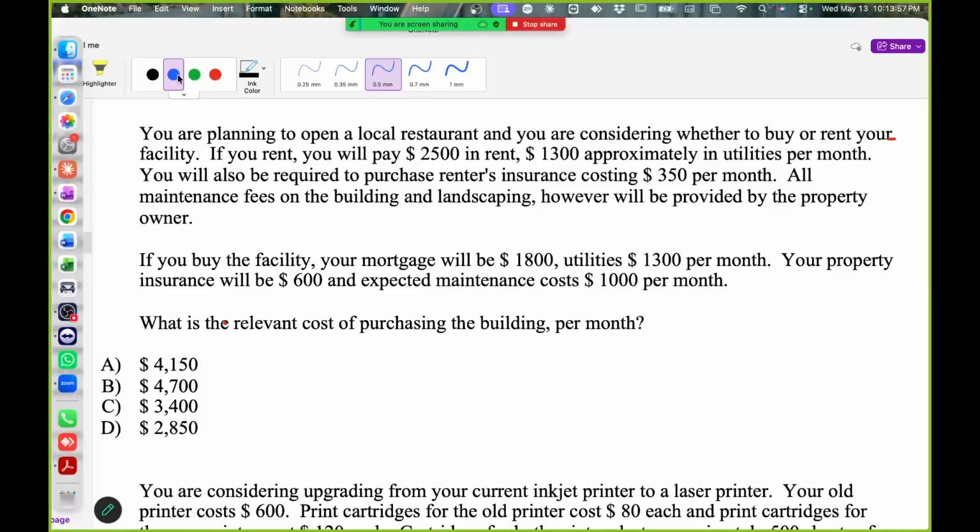You will also be required to purchase a renter's insurance costing $350 per month. All maintenance fees on the building and landscaping will be provided by the property owner. If you buy the facility, your mortgage will be $1,800, utilities $1,300 per month. Your property insurance will be $600 and expected maintenance cost $1,000 per month.